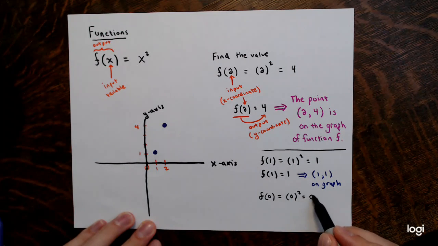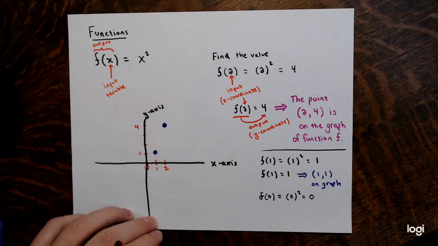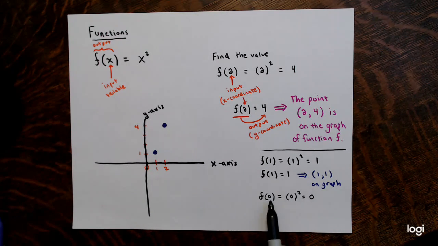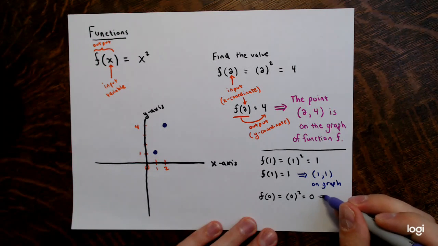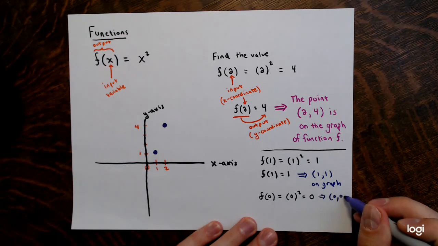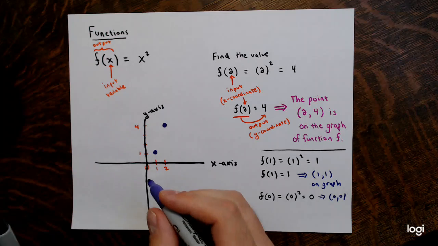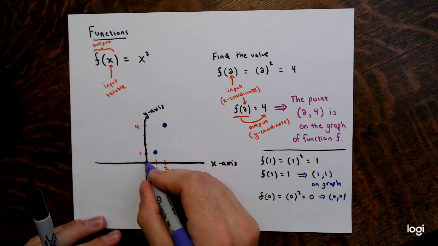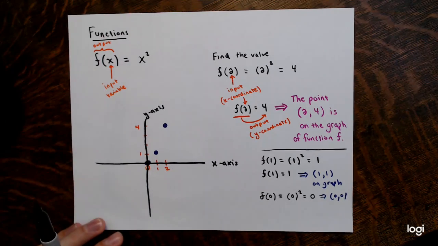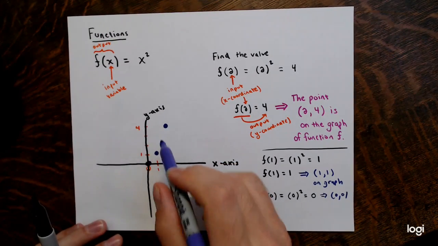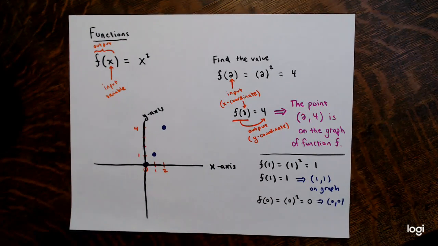Well, 0 squared is still 0, so f of 0 is 0, so input 0, output 0, x-coordinate 0, y-coordinate 0. Right, so this whole line here tells me that 0, 0, otherwise known as the origin, is on the graph. So this point right here where the axes cross each other, 0, 0 is on the graph. So you see it's not going to be a straight line.